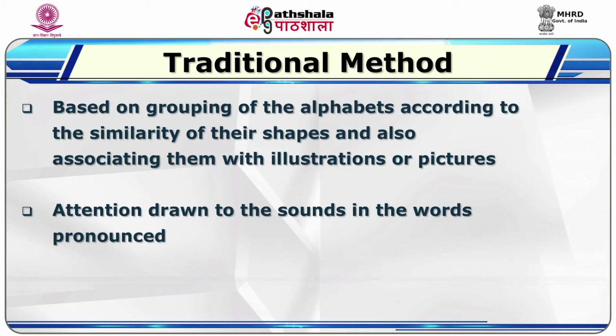Then comes the traditional method. This method is based on grouping of alphabets according to the similarity of their shapes and also associating them with illustrations or pictures. The picture of an object or a person is shown to the learners and they are asked to tell the name or title of the same. Then their attention is drawn to the sounds in the words that they have pronounced.